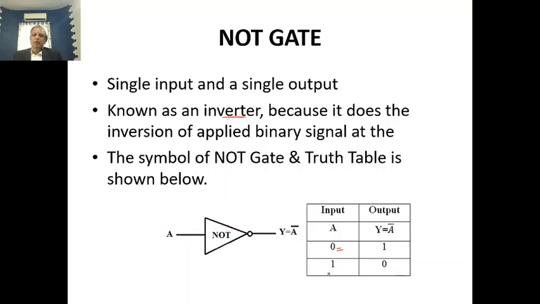If input is 1, output is 0. And this is the symbol for this, and this bubble indicates the inversion. Means 1 becomes 0, and 0 becomes 1, inversion. And the Boolean expression is y equal to A bar. The bar means inversion of this input signal.